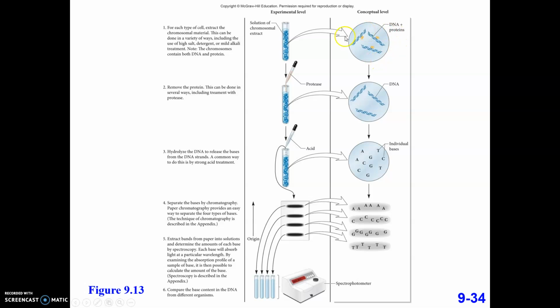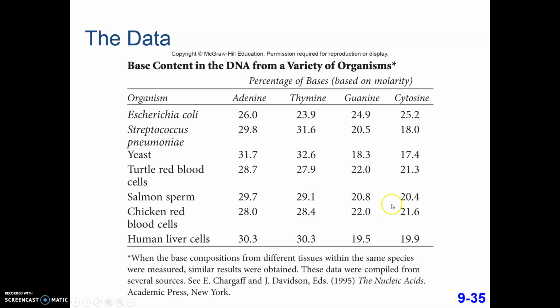So you would take a complex mixture of DNA and proteins, you'd get rid of all the proteins, then you dump in acid, and the acid would cause the individual bases to fall apart. You could then take that and separate them based upon size and chemical properties, and you could get an idea of how many A's there were relative to how many C's, relative to how many G's, relative to how many T's.